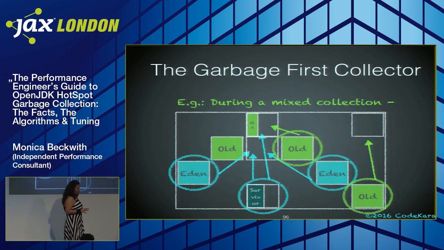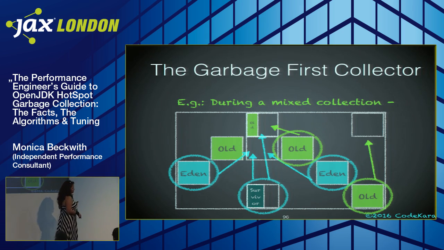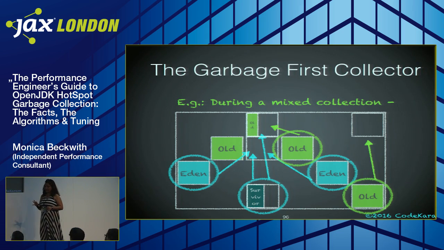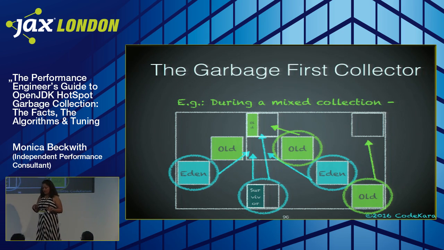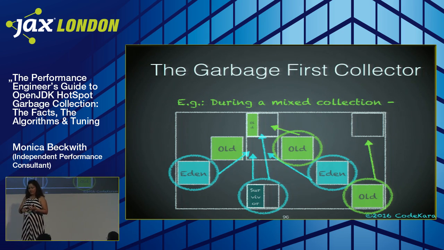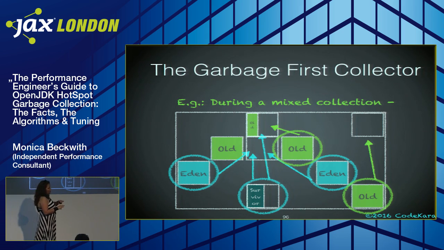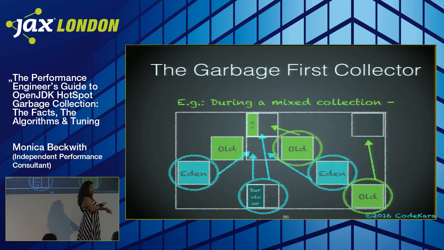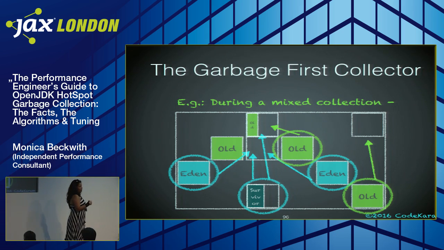And now we can start something called a mixed collection. Mixed collections are also known as incremental collections, incremental compaction, partial compaction. The whole point here is that during your concurrent marking phase, the regions are arranged based on their liveness, basically per region. They are arranged from the least expensive to the most expensive regions. By expensive, I mean that it is not mostly full of garbage.